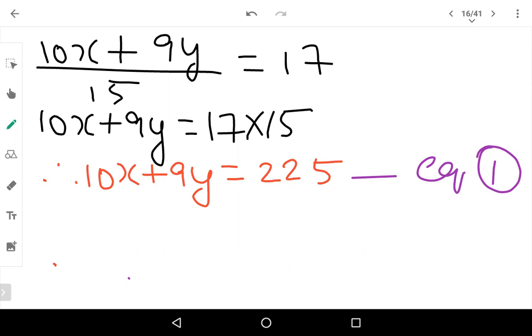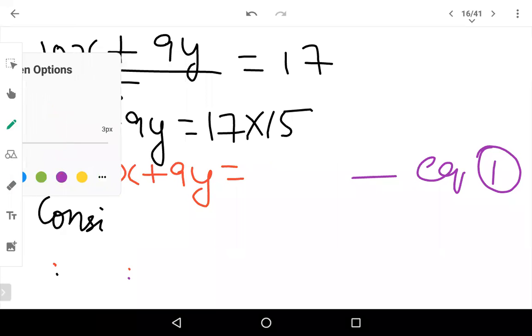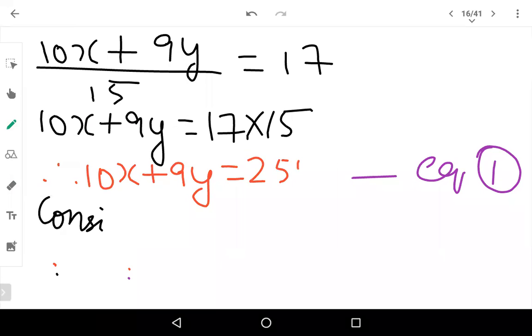So did you all understand the first equation? Fine. Okay. Now let us go to the next equation.